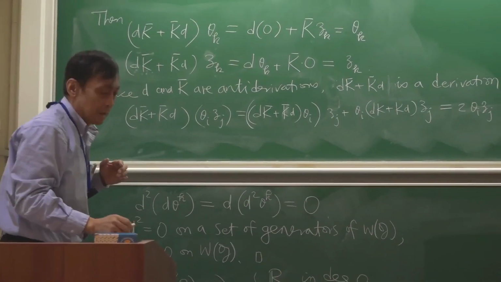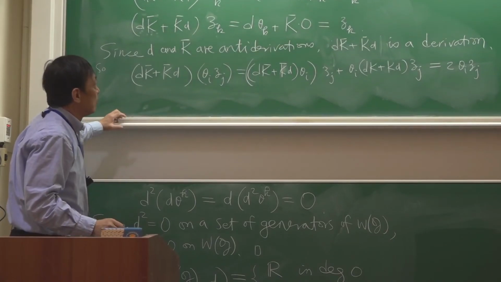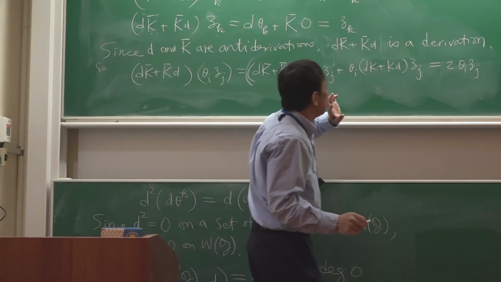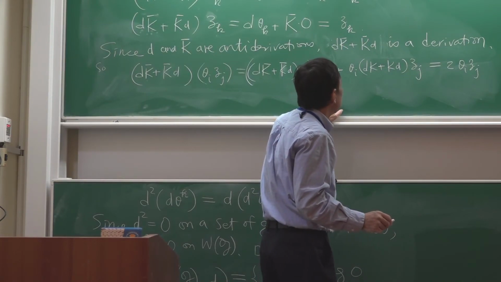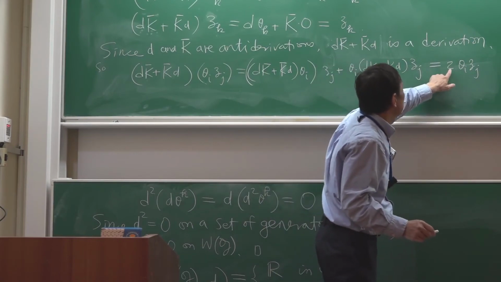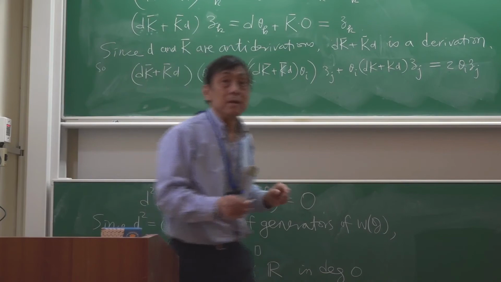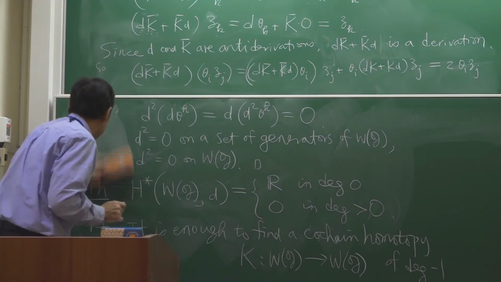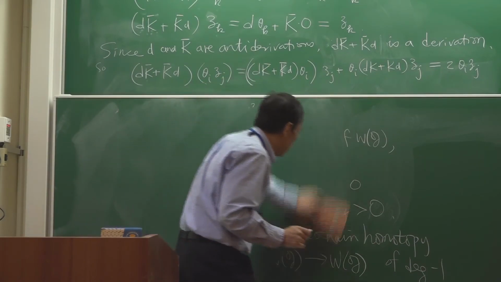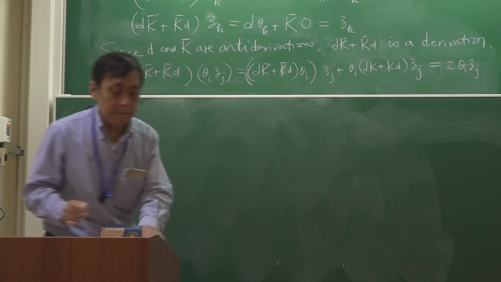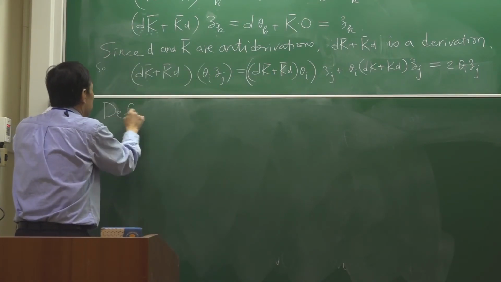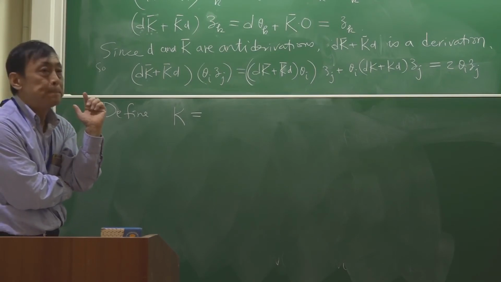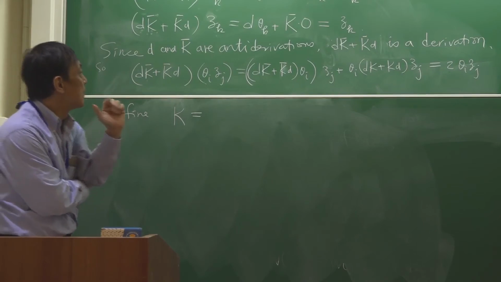So this K bar is almost what I want, except that it gives me this coefficient. So what should I define K to be?